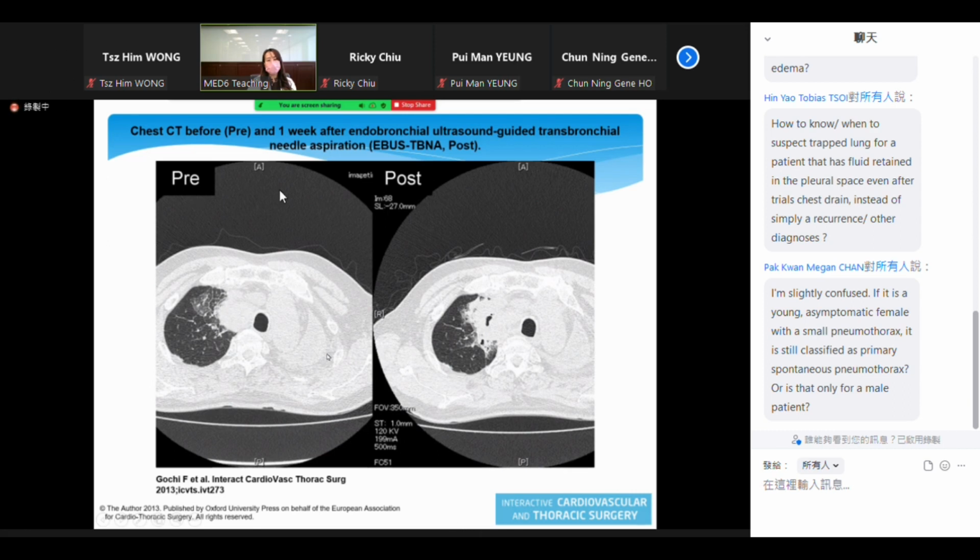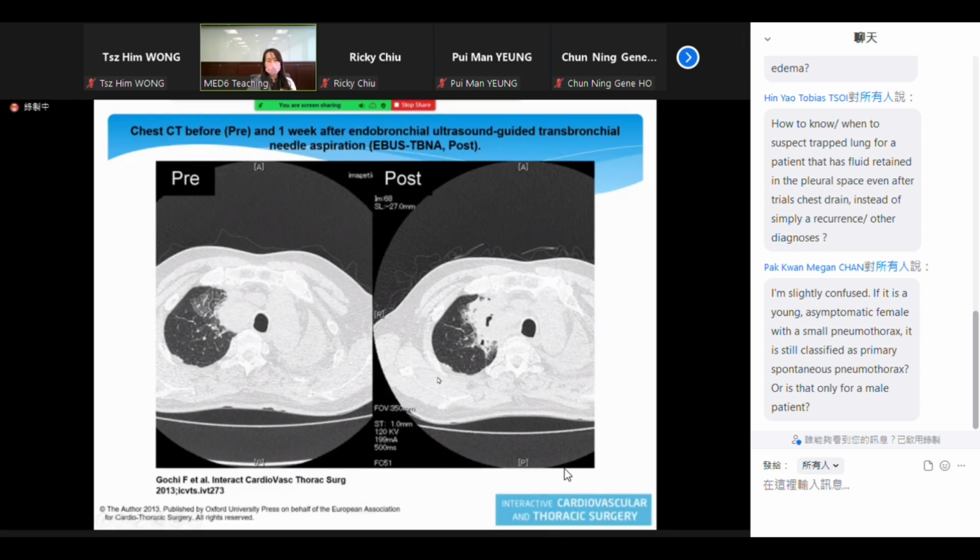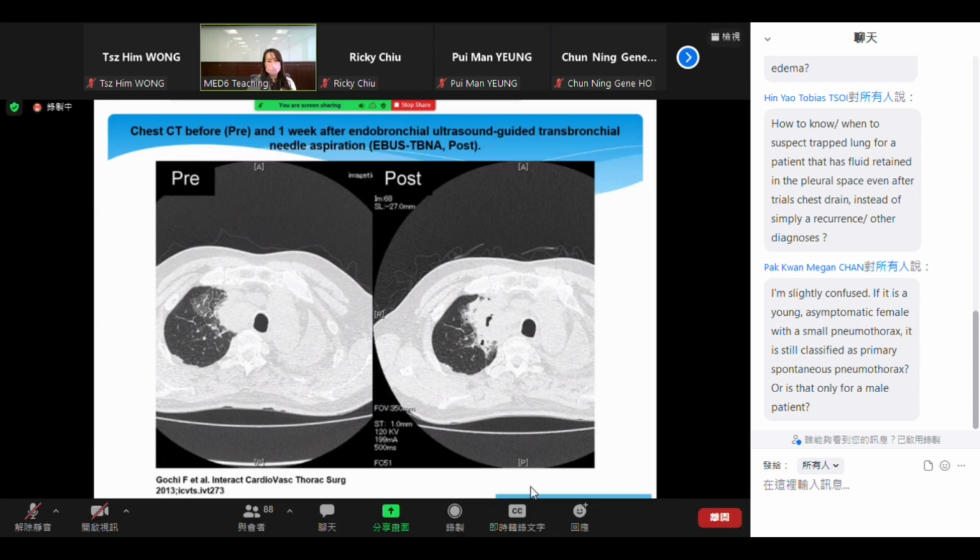And then 1 week later, the patient presented with fever, chest pain, and repeated CT showed there's an infection over the lymph node area. There's a bubble, and the lymph node is inflamed, increased in size. So this can be settled by some antibiotics, and is usually non-fatal.